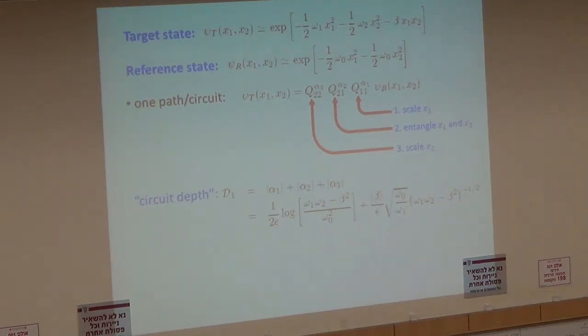In any event, you can see there's basically a factor of 1 over epsilon, and then there's a bunch of other factors that involve the various parameters that appeared in our two states, the target state and the reference state. And so this is a particular possibility.